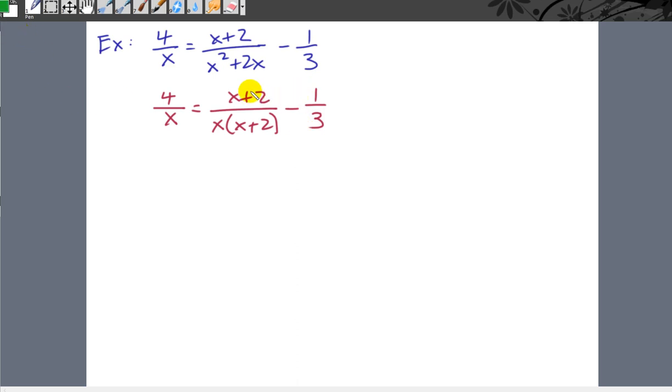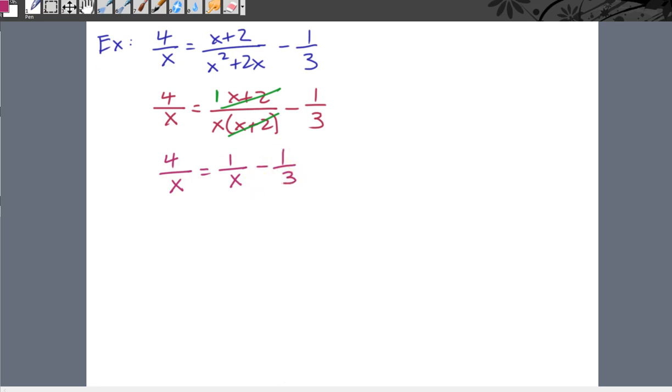Next, what I see is we have an x plus 2 in the numerator and an x plus 2 in the denominator. So what that implies is this is going to cancel. Isn't that lovely? So this is just 1. We still have a 1 in the numerator, so don't forget that. So this is 4 divided by x equals 1 divided by x minus 1/3.